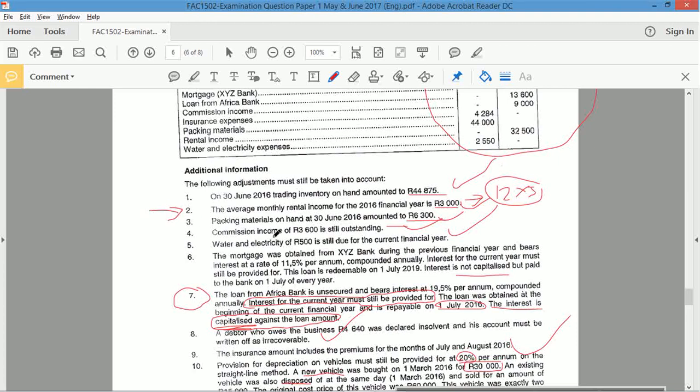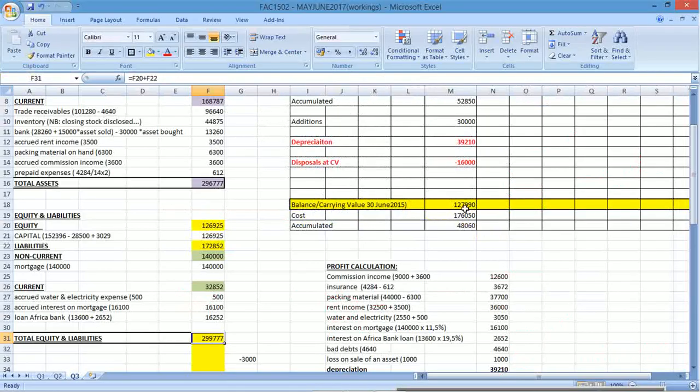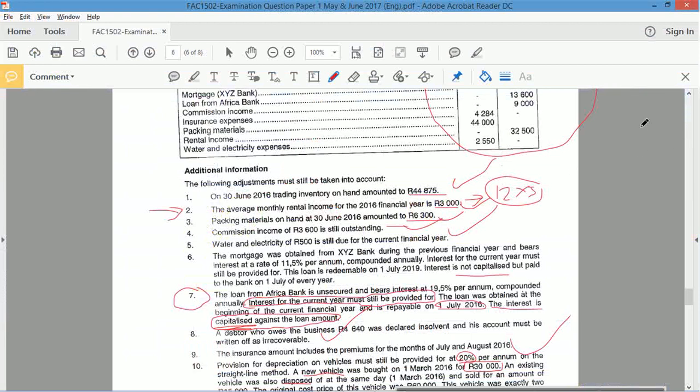The average monthly rental income. Let's just try to understand that. If it's the average monthly rental income, average meaning it's what I paid for the year, and that was 3,000. Average monthly rental income for the 2016 financial year is 3,000. How much was the rental in the question?